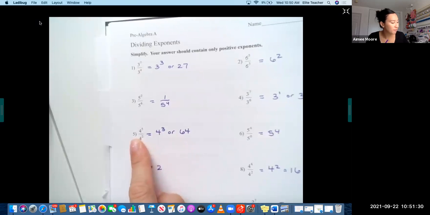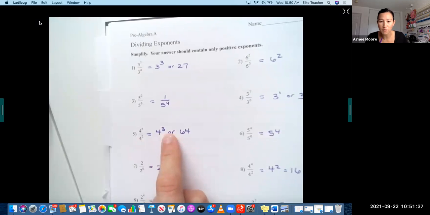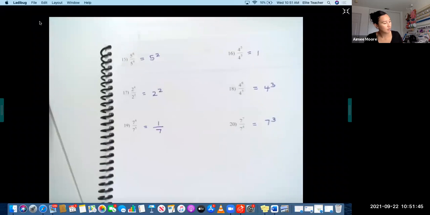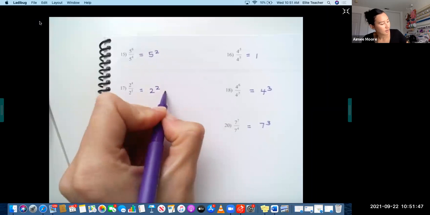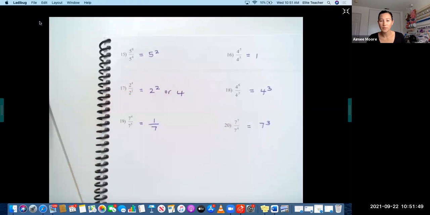So for number 5, it should not be 25. It should either be 4 to the 3rd or 64. And for number 17, yes, 2 to the 2nd power, which is 4. Yes.